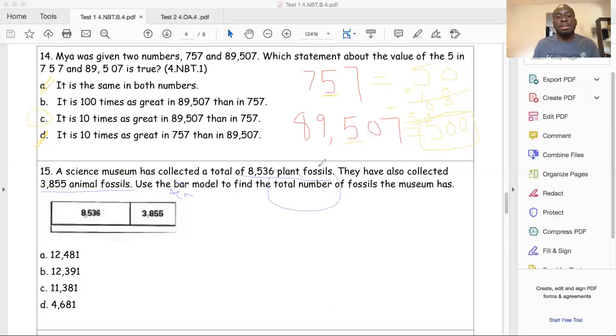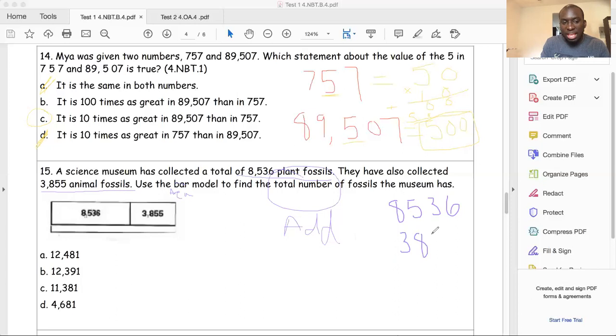Total number means addition. So I'm going to add 8,536 and 3,855.